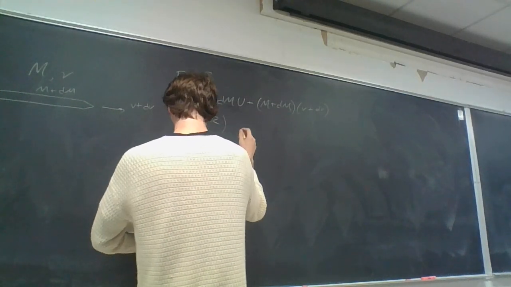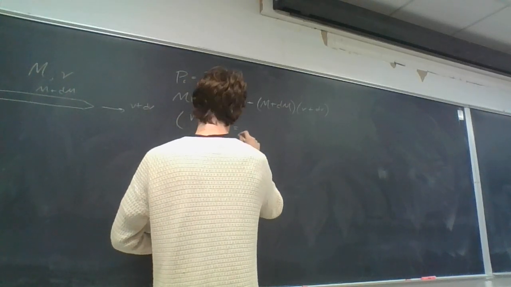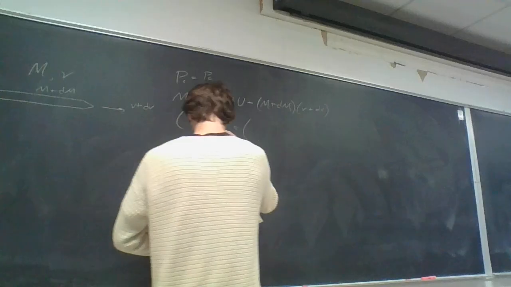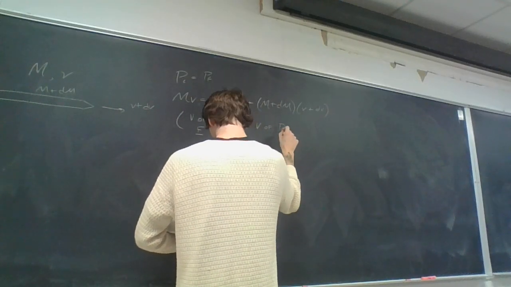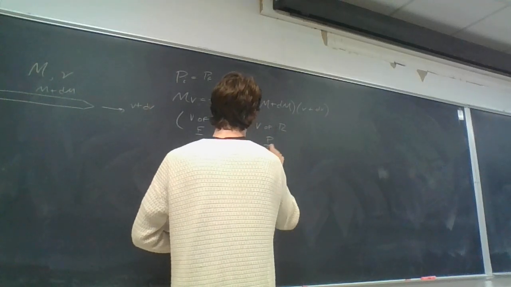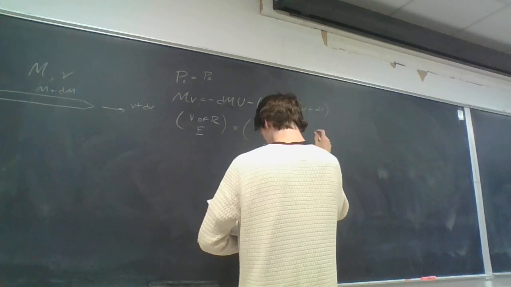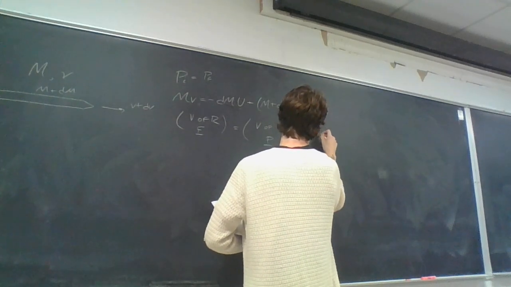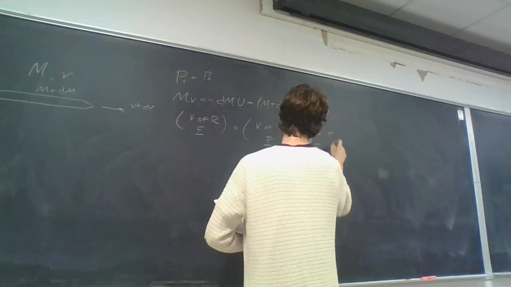That's equal to the velocity of the rocket relative to the exhaust products, so v of R relative to products, plus the velocity of the products, v of P, relative to frame.